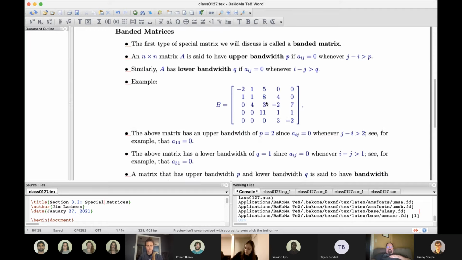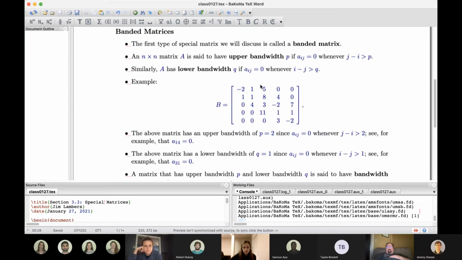Okay, so what I have here, this matrix B, is an example of what is called a banded matrix. So here we have a main diagonal, so -2, 1, 3, 1, -2, and then I have a subdiagonal, so the entries that are right below the main diagonal, so 1, 4, 11, 3. And then notice that everything below that one subdiagonal is 0. And then if I go to the right of the main diagonal, I have this first super diagonal, 1, 8, -2, 1.